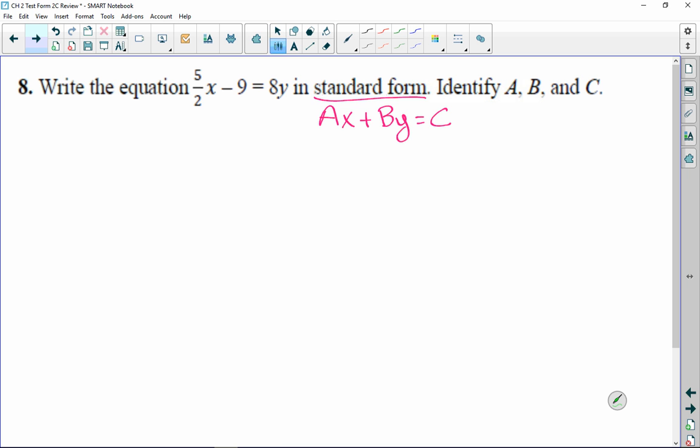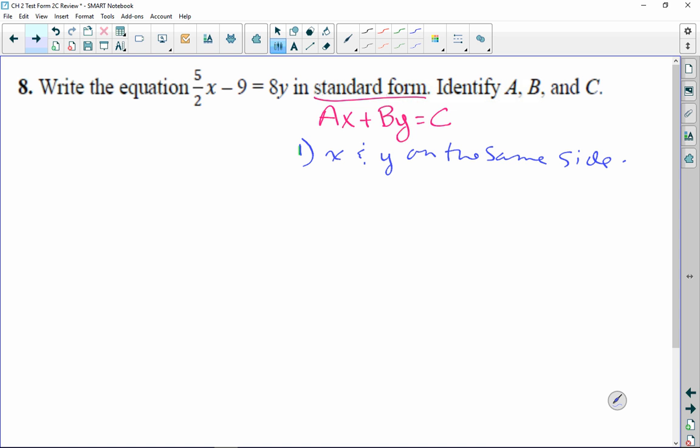Write that down. The first thing you have to understand is that x and y have to be on the same side. That's what makes it standard form.